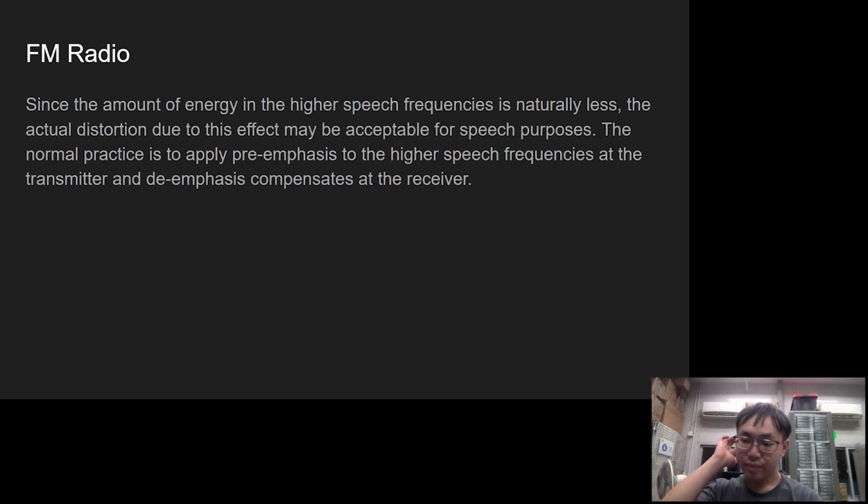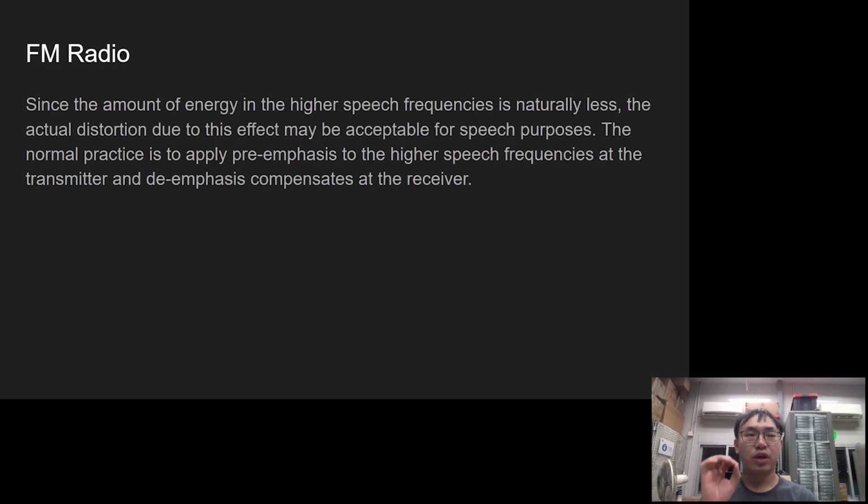FM has very strong, very high characteristics. The amount of energy of higher speech is naturally less, and it has distortion. So that's why we have a pre-emphasis circuit, pre-emphasis for higher speech frequency or higher pitch.